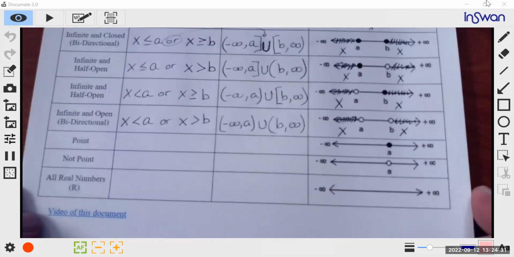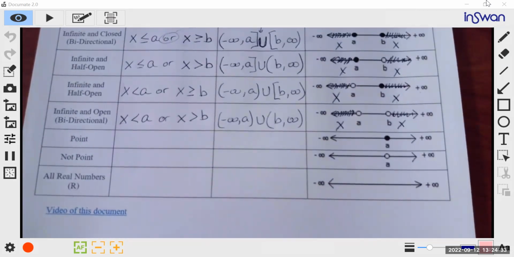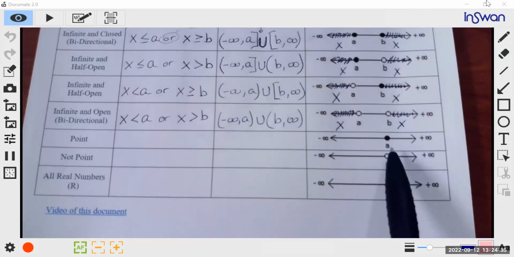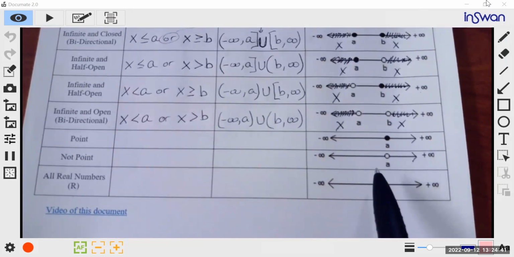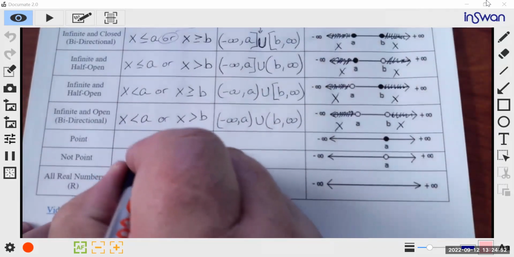Three more to go. Let's see if you can guess these. What does this one mean? It's a point. How would you represent a point? Just A? Where's X? Both sides?